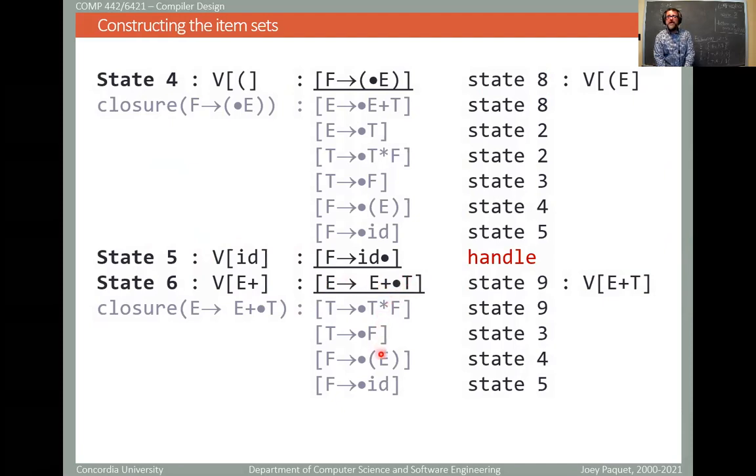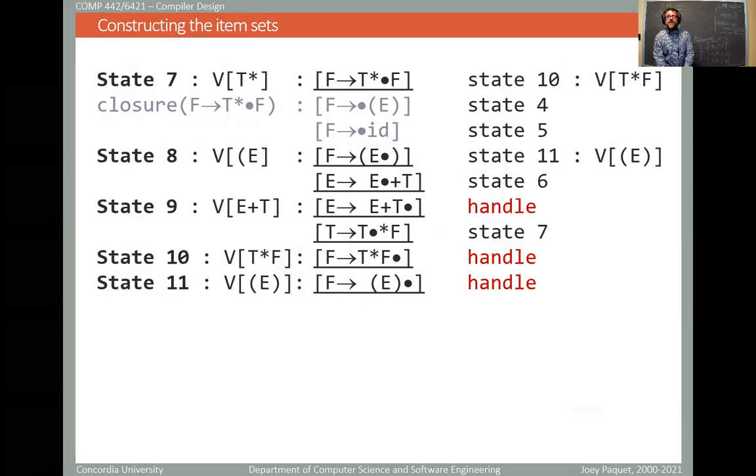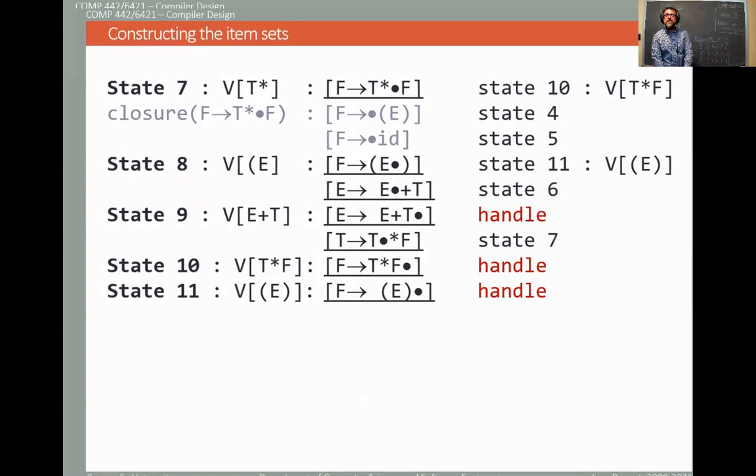And this state number 6 here does not have completed items. So this heuristic does not apply. Neither has state number 7. Neither has state number 8. State number 9 has a completed item. So follow of E is plus, close parenthesis, $ sign. I'm going to put reduce using this rule under state 9.